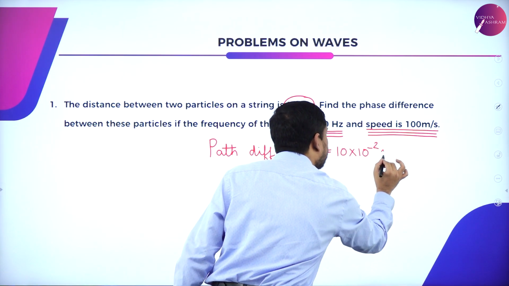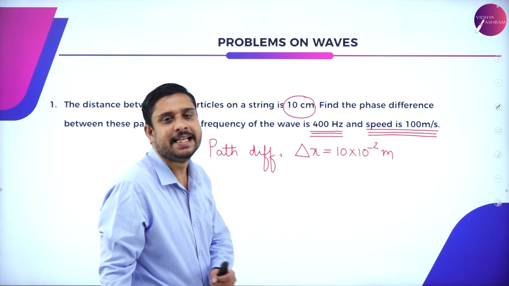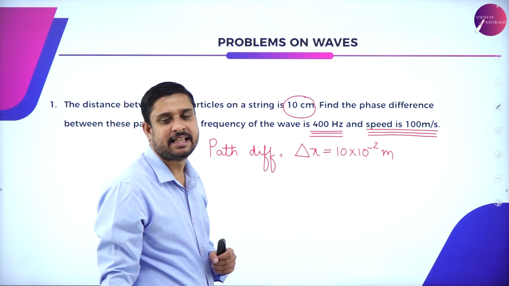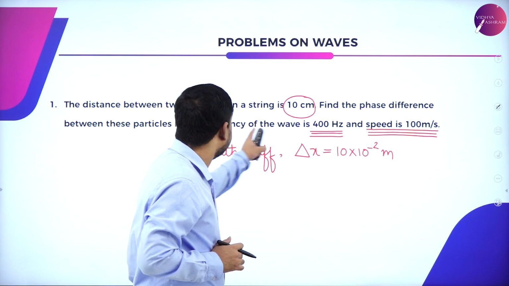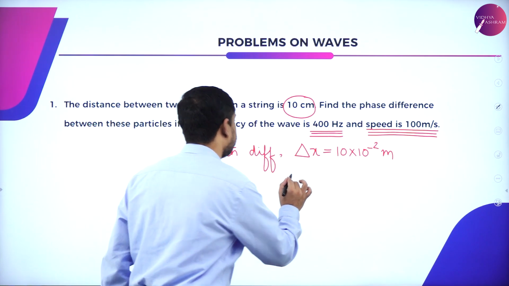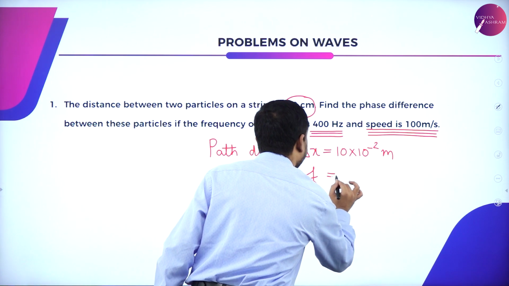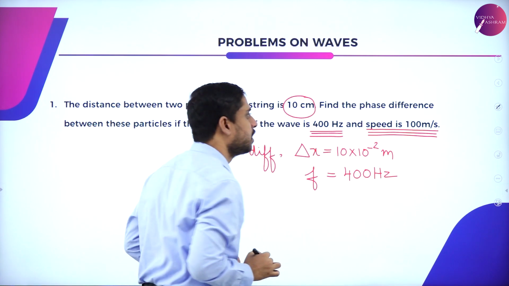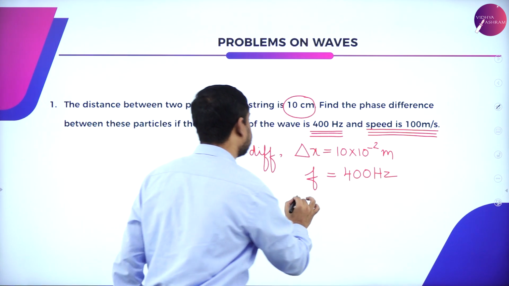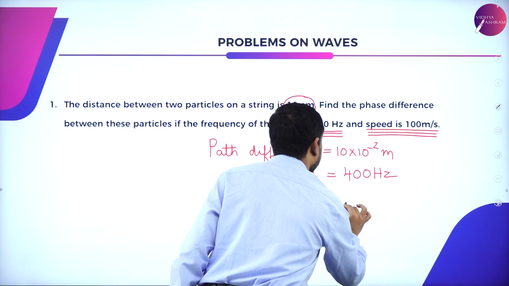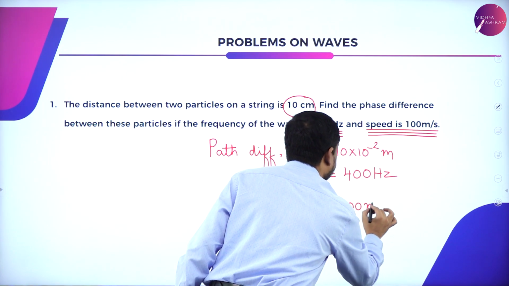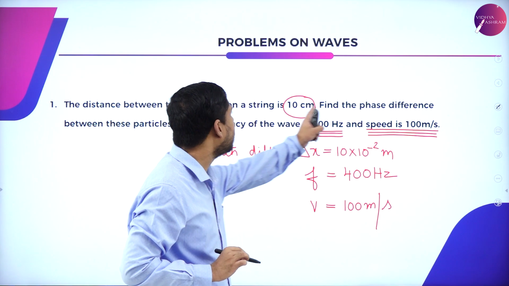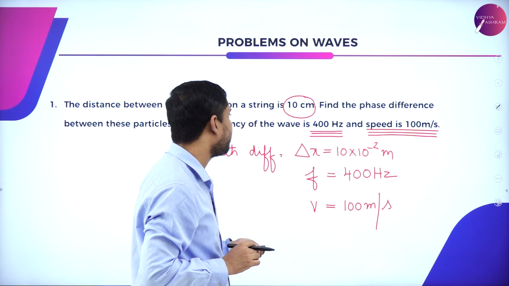So 10 into 10 power minus 2 meter. Frequency of the wave is given, 400 Hertz. Speed of the wave is given, 100 meter per second. I have to calculate the phase difference.